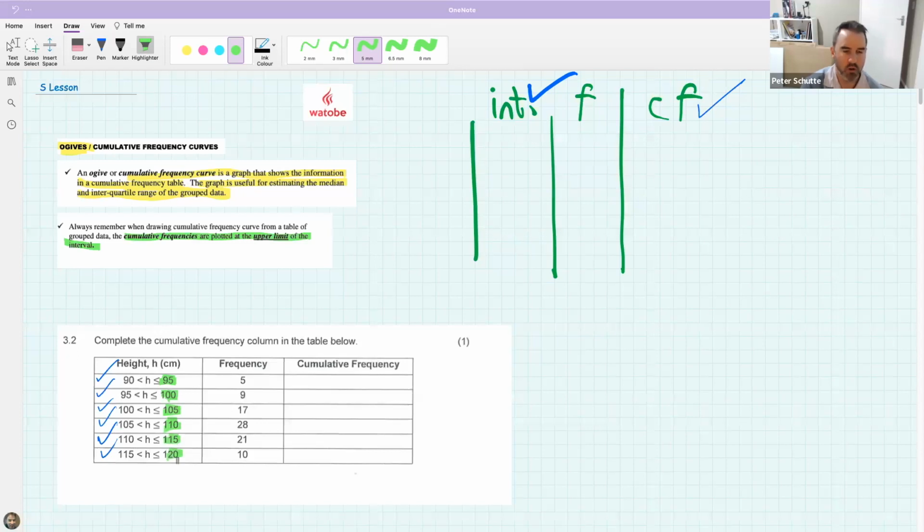So when we are drawing an ogive, we have to remember that we use the end of the interval to plot our points. But to start with, let's make sure you know how to fill out the cumulative frequency column. So get me values for A, B, C, D, E, and F. That's the foundation of drawing an ogive.